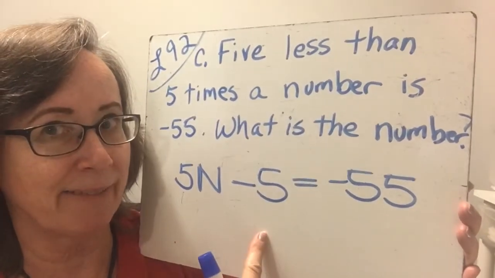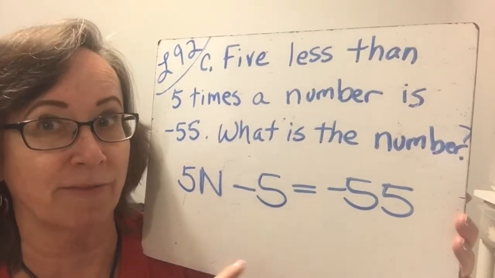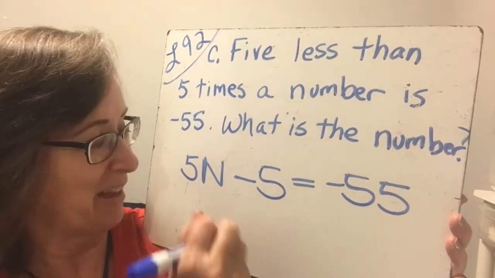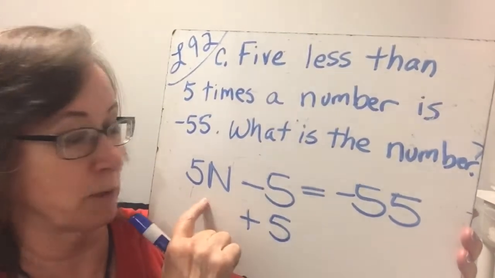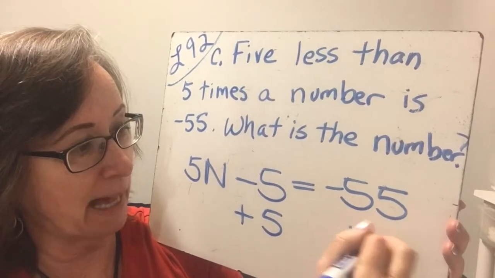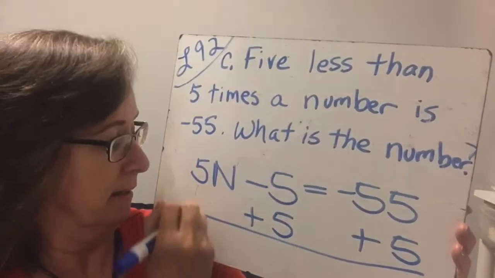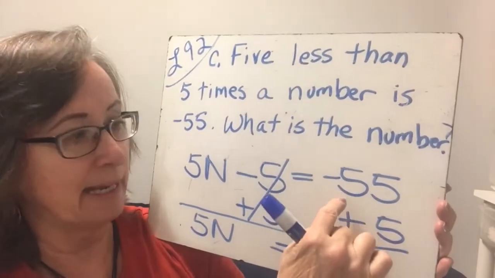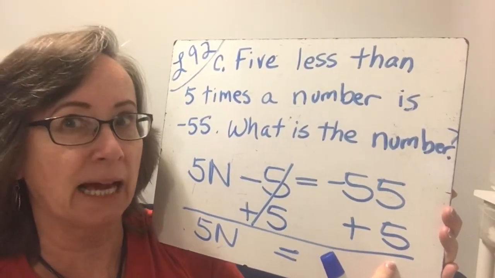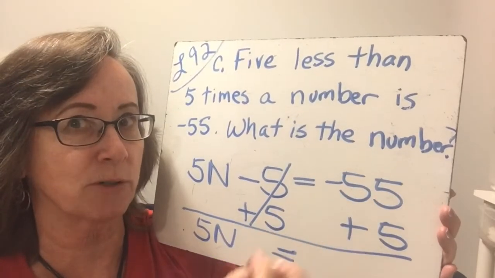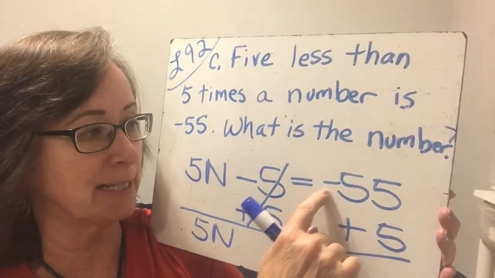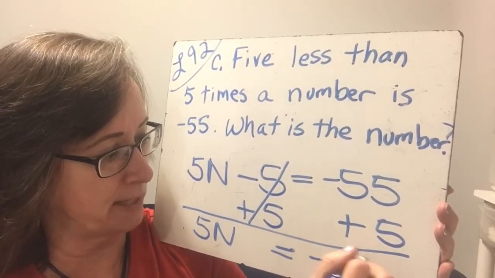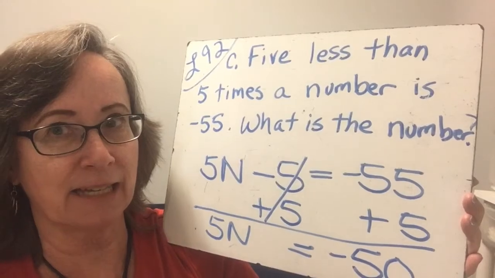Okay, if you did not get the equation right, you need to go solve it on your own before you watch me solve it. Okay, plus 5, because we're trying to get this by itself, plus 5 on the other side. 5n equals, now we have a negative 55 plus a 5, opposite signs, we subtract and get a 50, but it's a negative 50 because the negative is larger, so negative 50. 5n is negative 50.